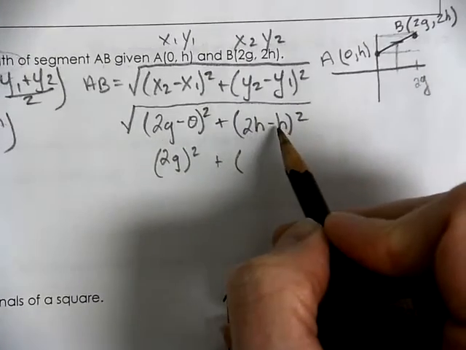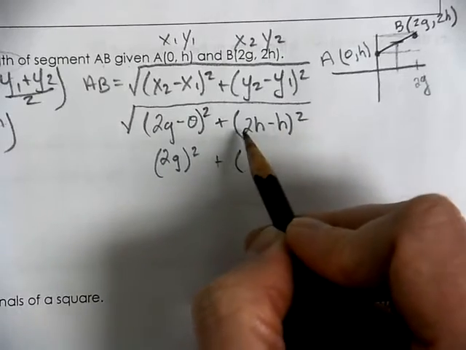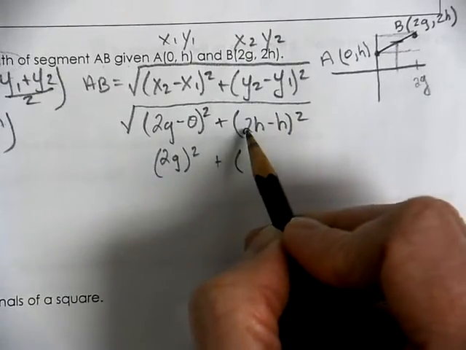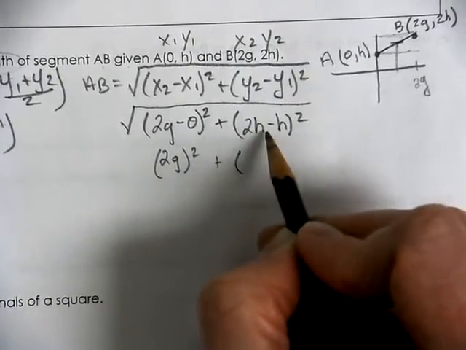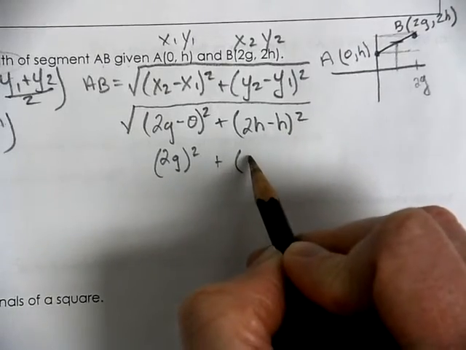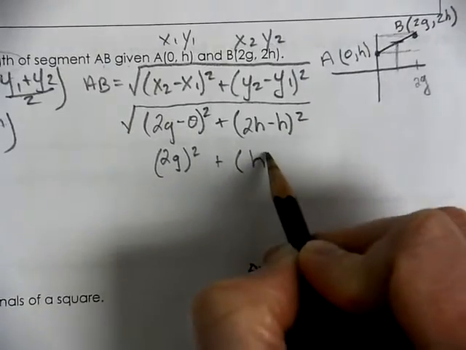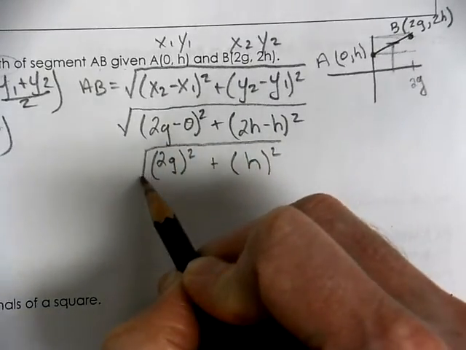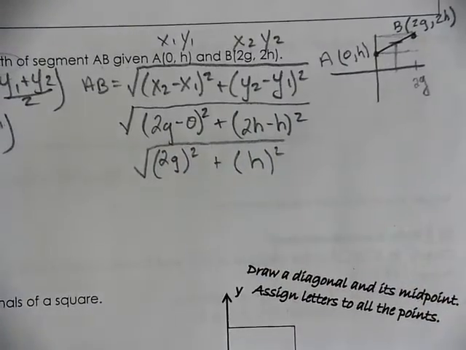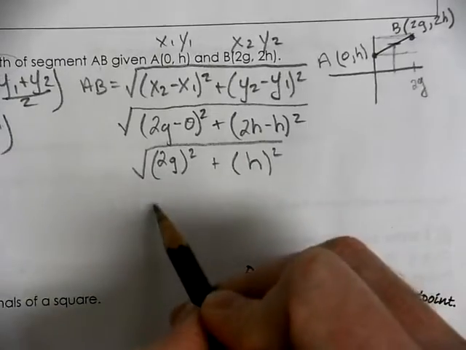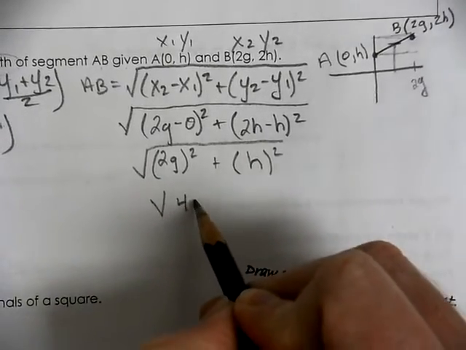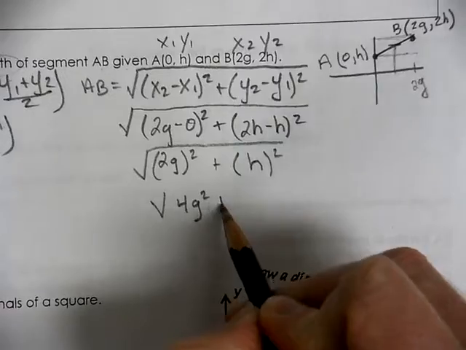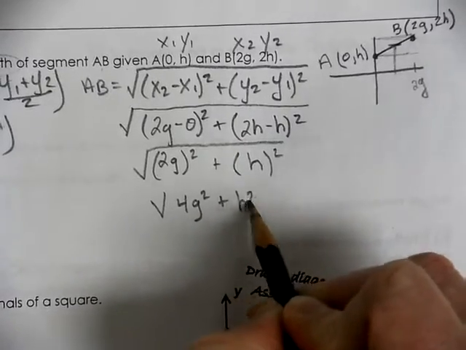And 2h minus h. Some people make a mistake and think that that's just the number 2, but it's more like 2 horses minus 1 horse leaves you with 1 horse. So 1h squared. We can square 2g. That becomes 4g squared and h squared.